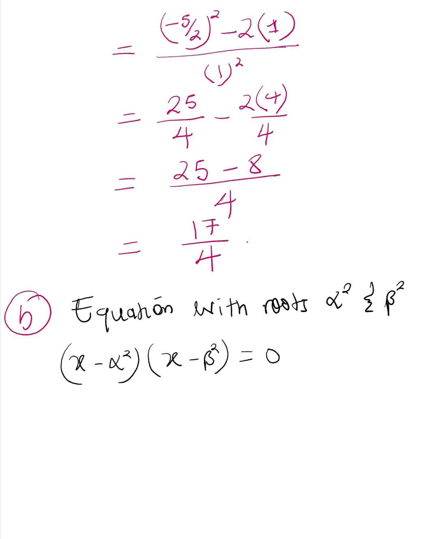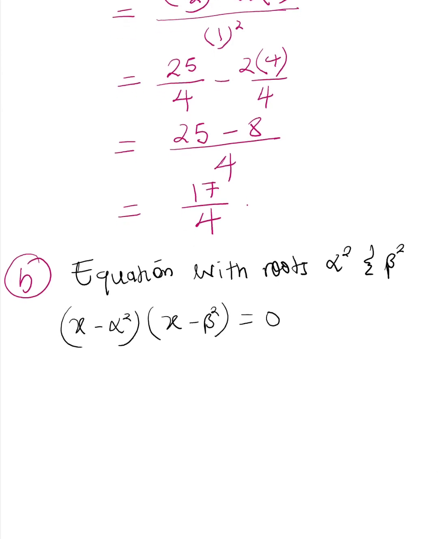You don't necessarily need to write this, okay? But upon expanding, like what we did in the first part, you are going to have x squared minus the sum of these roots, which is alpha squared plus beta squared, times x, plus the product of the roots, which is alpha squared beta squared, is equal to 0.